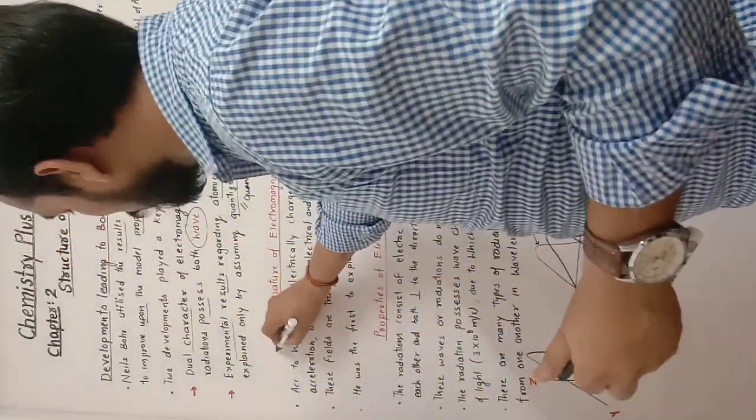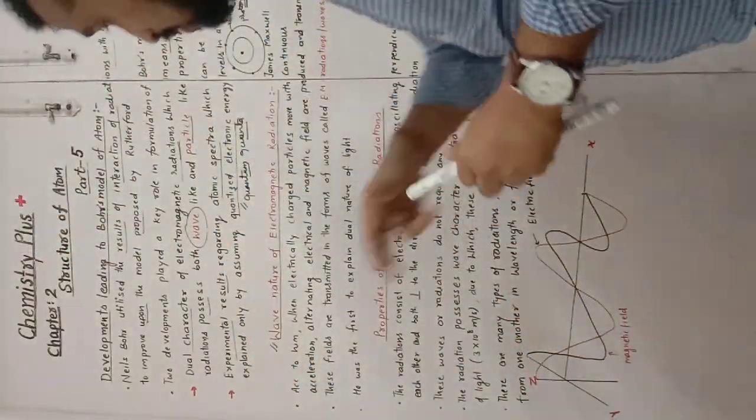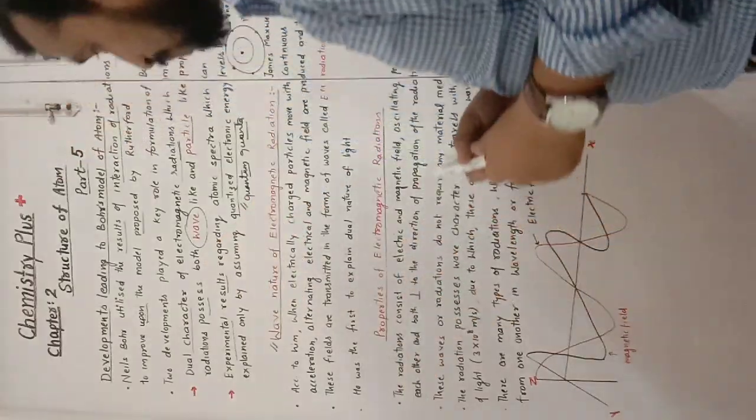The very first one is the wave nature of electromagnetic radiation, earlier called the wave nature of the particle.